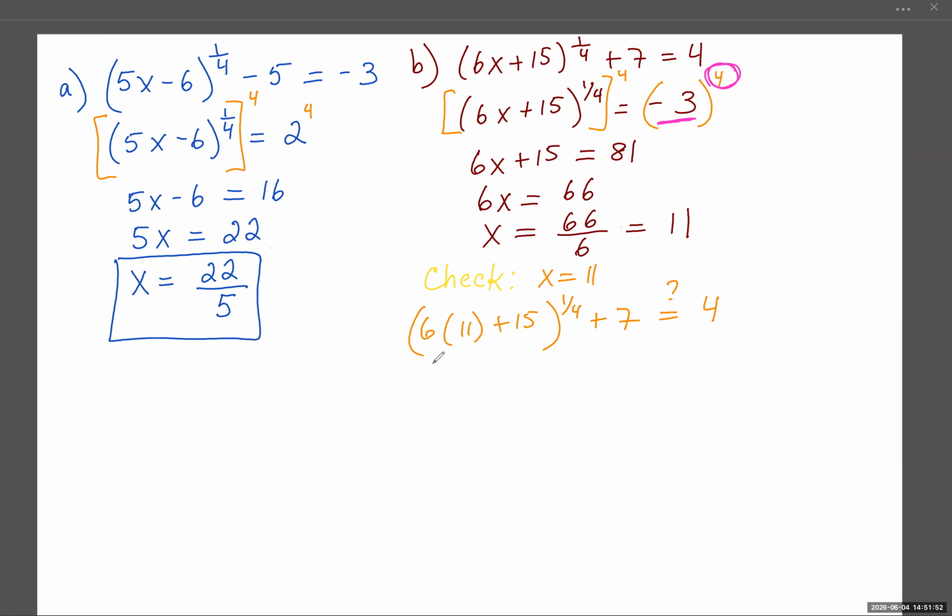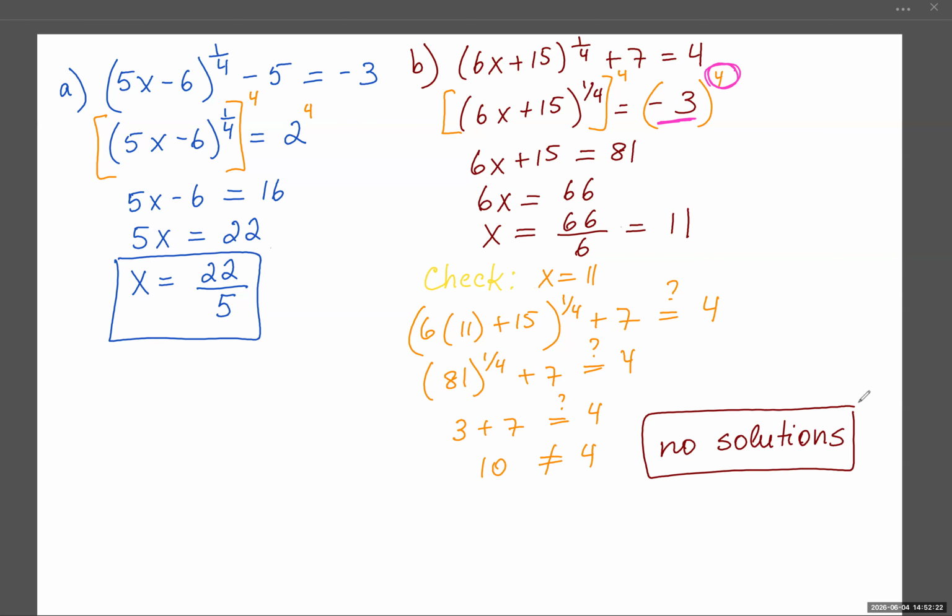In parentheses, 66 plus 15 is 81, to the 1/4 power, plus 7. Does that equal 4? Well, 81 to the 1/4 power is 3, plus 7. Does that equal 4? Well, no. 10 does not equal 4. So what does that mean for us? It means that this particular problem has no solutions.